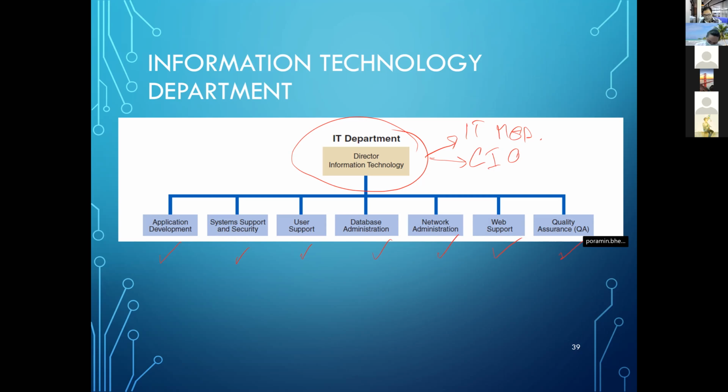These are possible roles that we may have in the IT department, but sometimes an organization may group some roles together. For example, system support and security and user support are grouped together. Some companies group QA as well. So you may have app development, support, database admin, network admin.